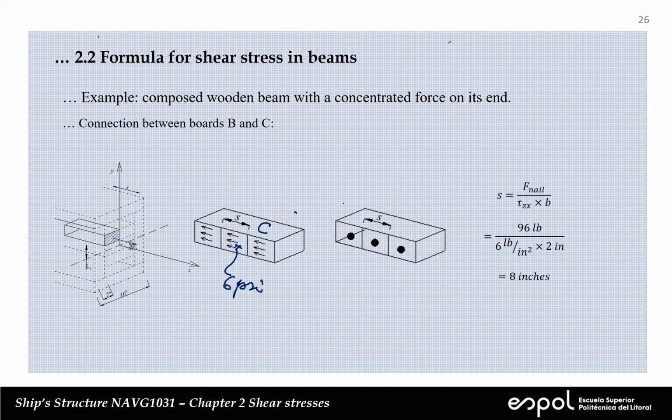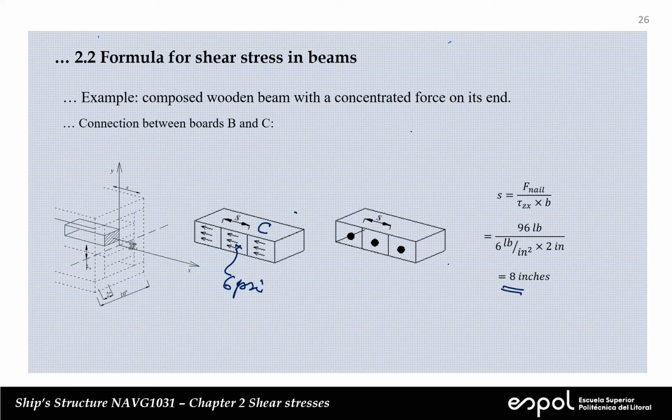So we use the same reasoning and we're assuming that we're using the same nail with the same capacity. The stress is different and the width or the thickness is the same because all the boards have 2 inches thick. And this is the spacing.